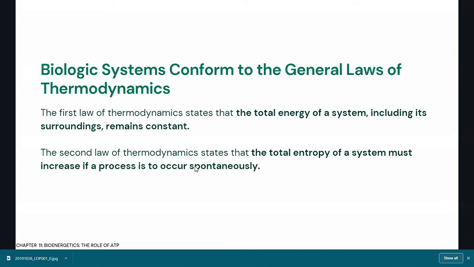And our own solar system is just only a portion of the universe, which is included as a system.